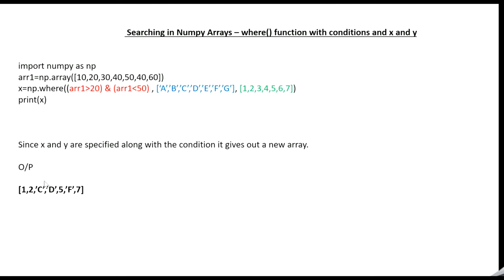C gets printed. And now for 40, also the condition is true. So it prints D. For 50, the condition is false because 50 is not less than 50. So it prints 5 from the false list. For 40 again, the condition is true. So it prints F. For 60, the condition is false. So it prints 7.